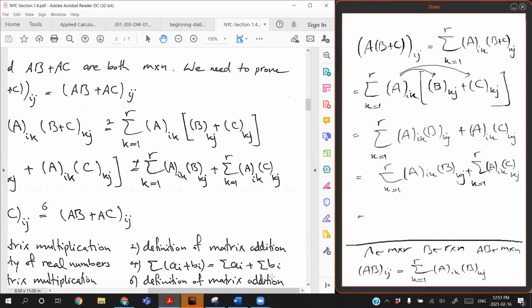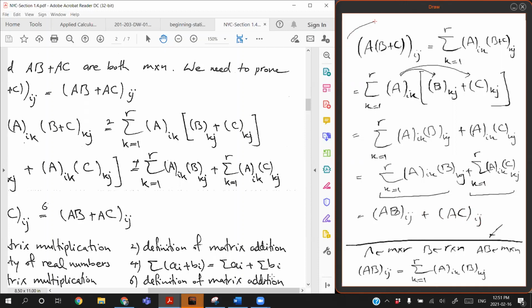Now I can use this definition here again and see that what we have here is simply (AB)_ij. And this other one here is (AC)_ij.